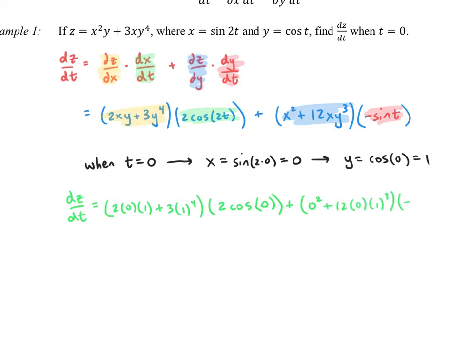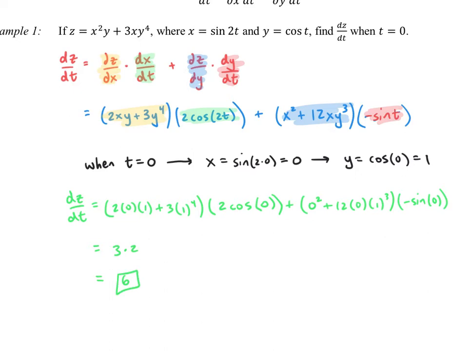You can do the math on this one. We're going to get 0 for all of that stuff in the second half. This simplifies to, let's see, that's just going to be 3 times 2, and so we get a derivative of 6.